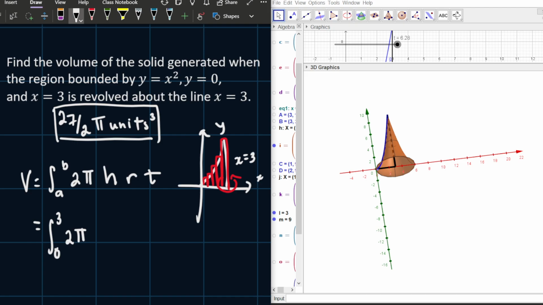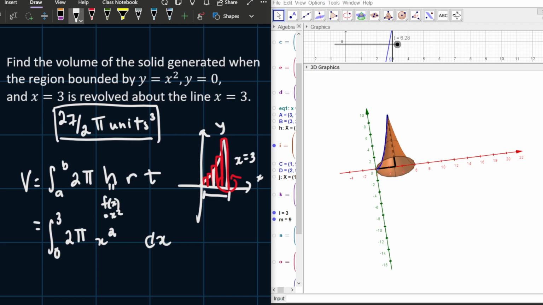Now, yung height that didn't really change kasi yung height ng bawat cylinder dito would still be defined by the distance from the x-axis. So, the height is still equal to f of x, or in this case, x squared. So, yung thickness, delta x, and then, yung radius natin, take note, lumiliit yung radius ng bawat cylindrical shell as we travel along this curve.